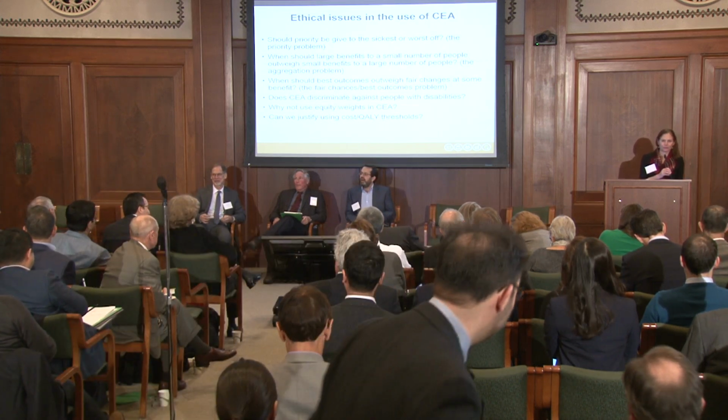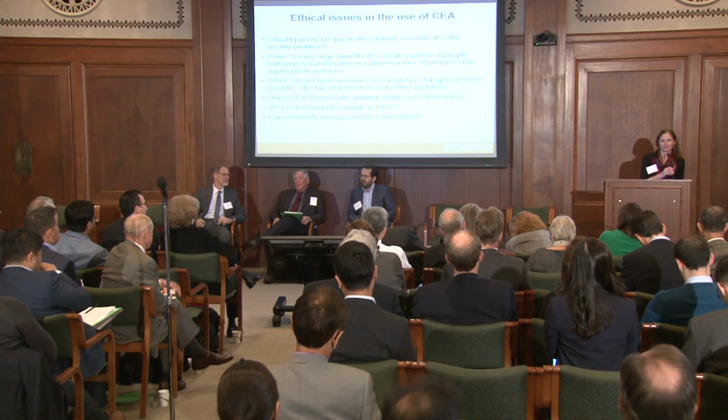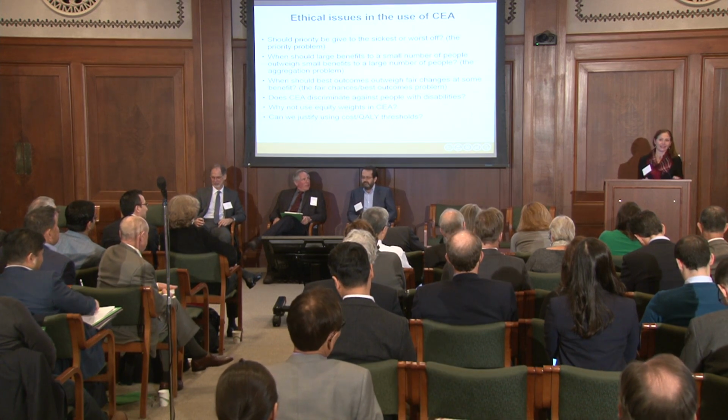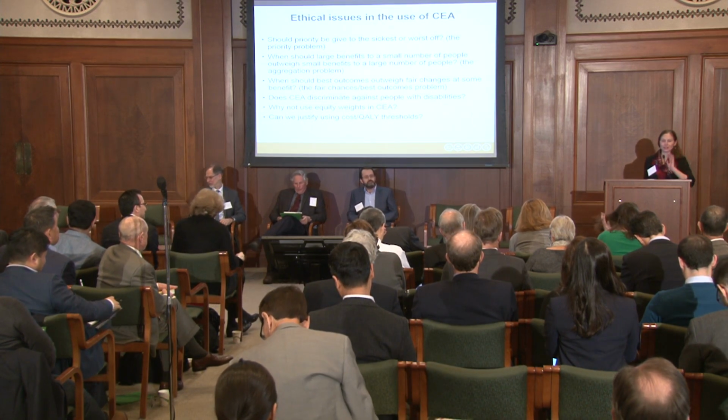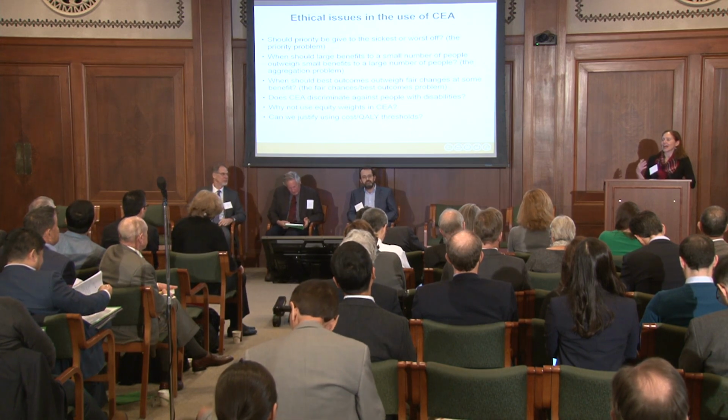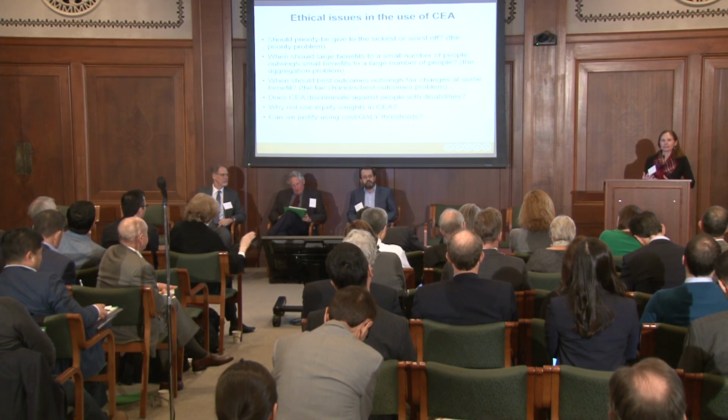I'll give it a try, and then Mark can chime in if you'd like. Just because it's really hard to do doesn't mean we shouldn't try, I guess would be my flip answer. To really get at decision uncertainty, this is the tool: to quantify the uncertainty of our inputs and propagate it through to uncertainty of our outputs so we can get the probability of something being cost effective.